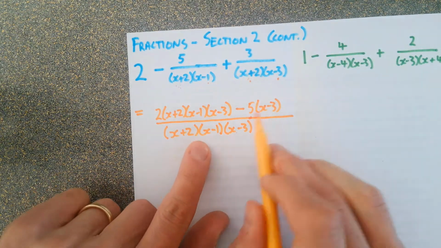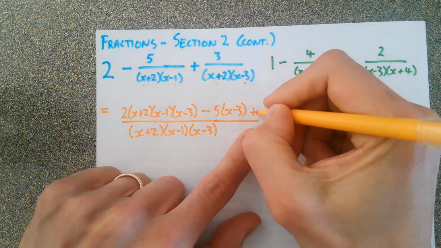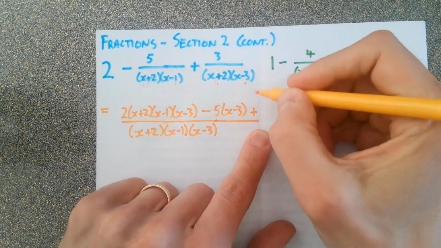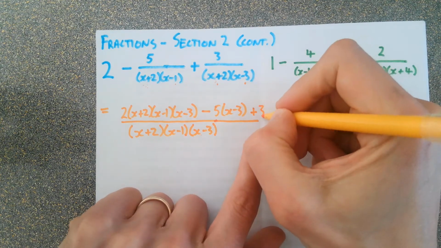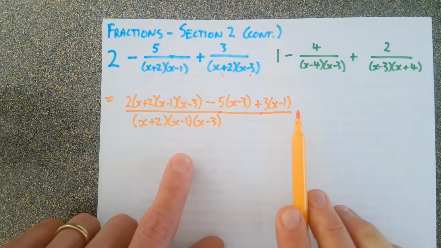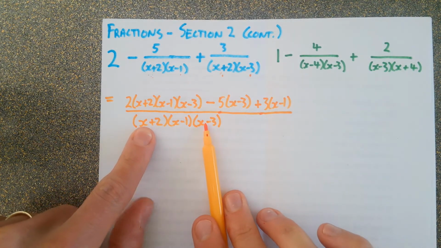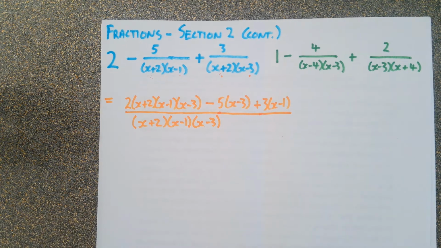Again, if you look at this term, if you were to cancel it down, they'd go and leave us with that. And then the 3, we're going to need to multiply that one by the x minus 1. Again, if you were to cancel it down, the x minus 1, x minus 1, so it would leave us with x plus 2 and x minus 3, which we've got there.